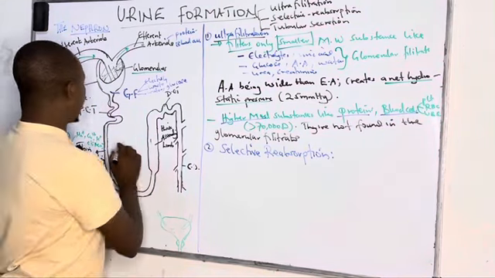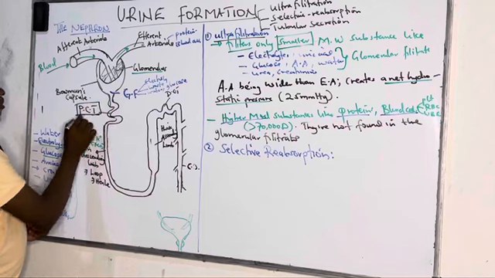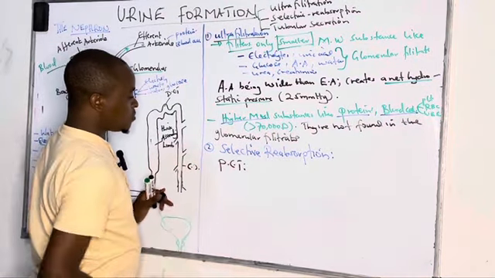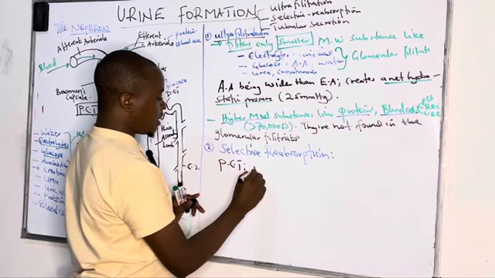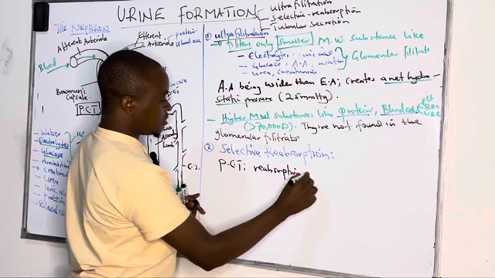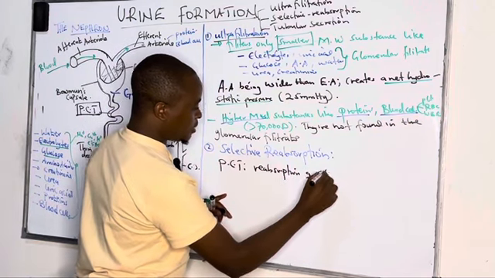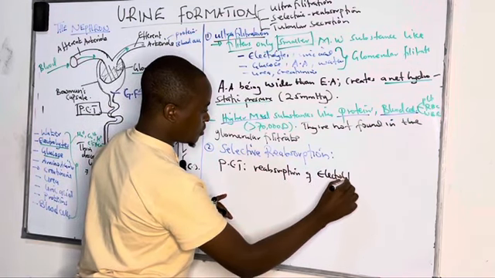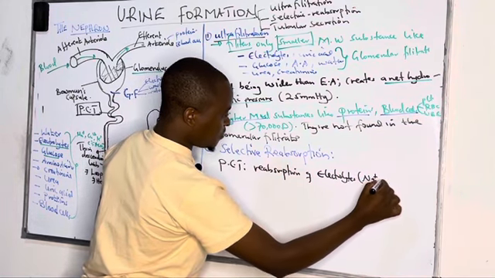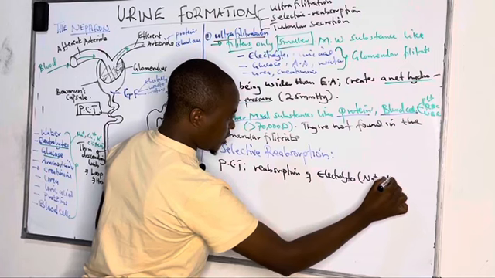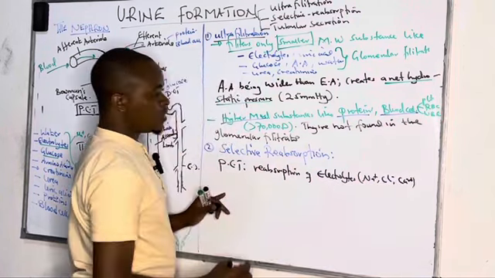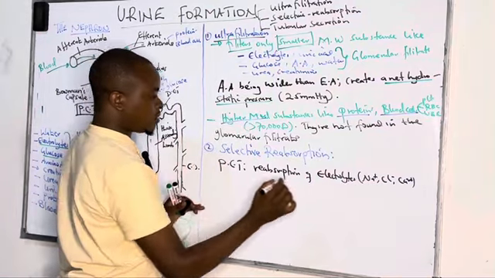And we are going to start with the proximal convoluted tubule, where we see selective reabsorption of electrolytes. When we talk of electrolytes, we mean sodium, chloride and calcium. These are electrolytes.